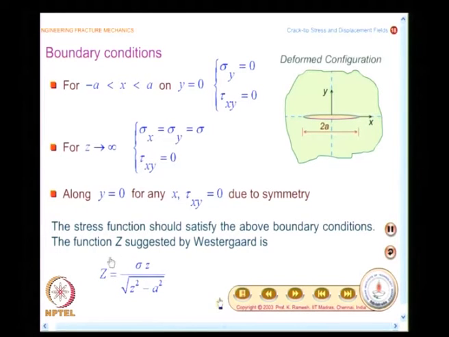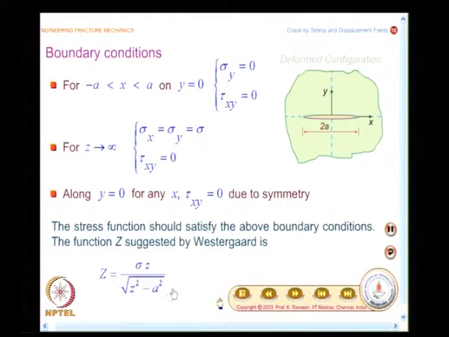With simple modification of this, he was able to get the stress function for the case of evenly spaced cracks, several cracks. And when you want to find out the solution for a finite body or a body with single edge crack or double edge crack, for all of them a series of cracks would be the starting point to arrive at a solution.